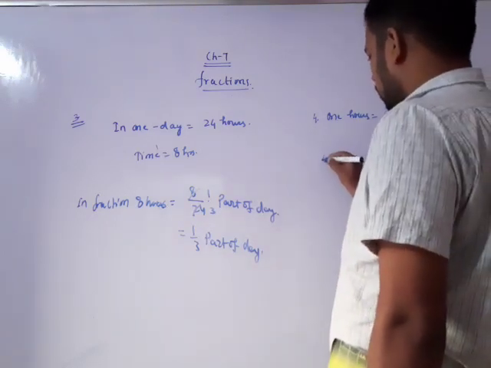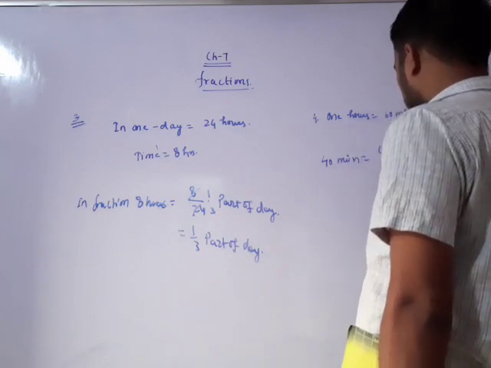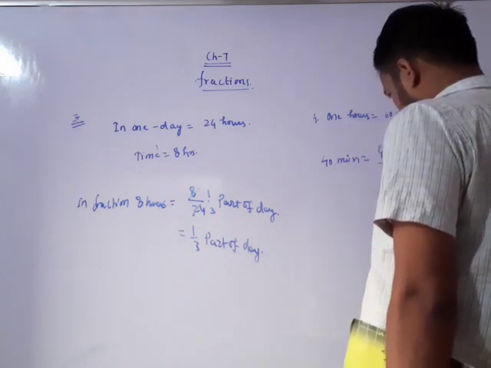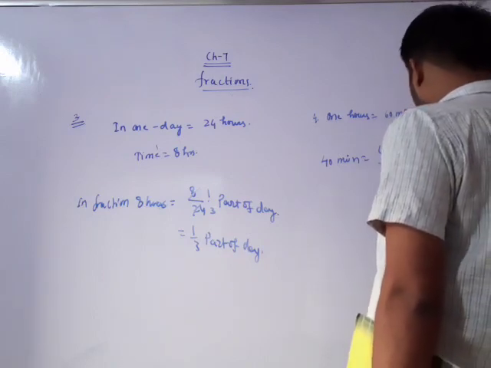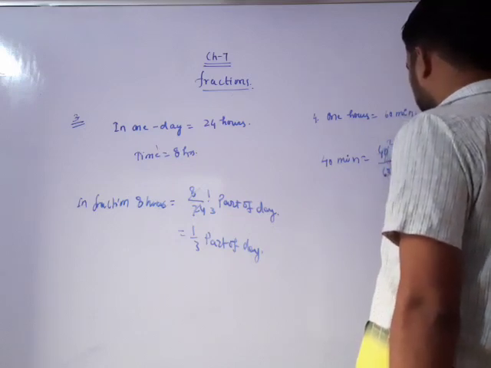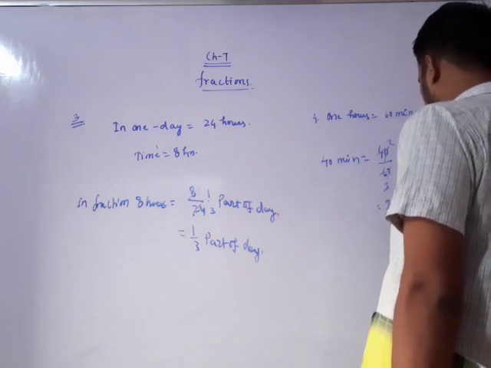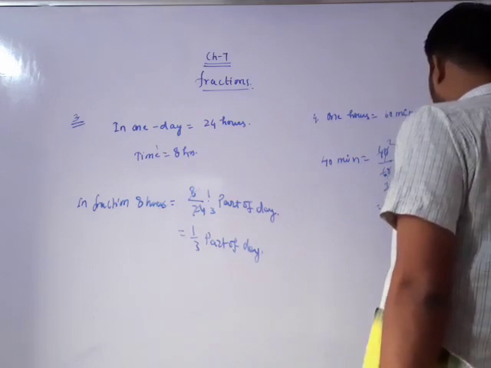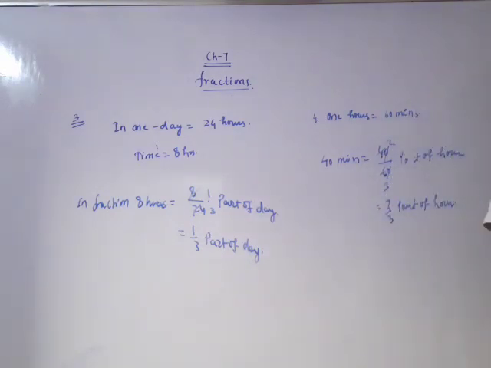Now 40 minutes has been given. So 40 upon 60 will be the part of an hour. So 2 upon 3 part of an hour is 40 minutes.